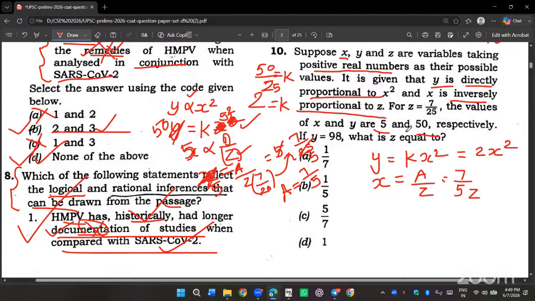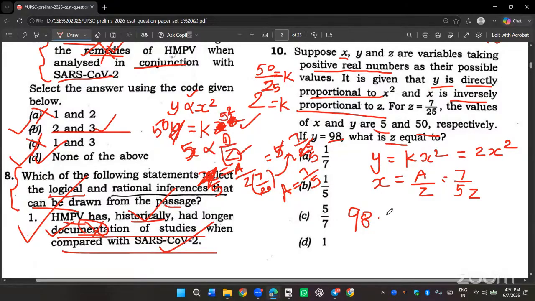Now you want Y value. Y value is given, new value. So Y is 98. If it is so, what is Z value? You cannot find out Z value directly from Y value, because X is related to Z, not Y. X is related to Z inversely, proportional to Z. Y is directly proportional to X squared.